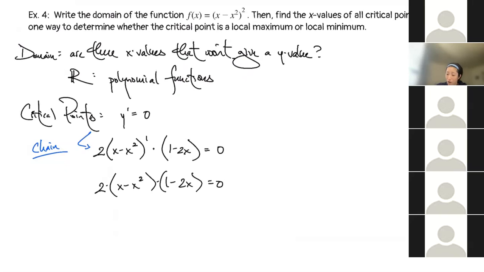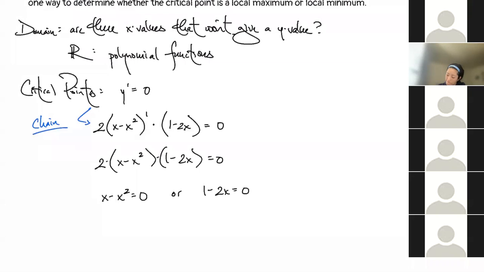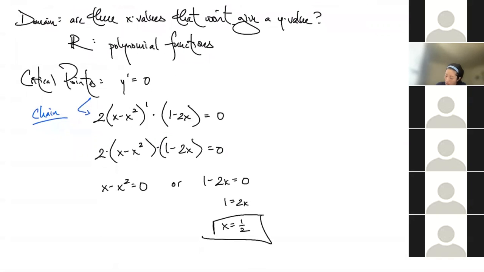It's already in a place that is going to be easy to find the zeros because either x minus x squared equals 0 or 1 minus 2x equals 0. Now, this second one, I think, is a little easier to solve. I can say that 1 equals 2x, or x equals 1/2. That's going to be a critical point. And how would I approach finding the critical point that comes from the other piece, rather?